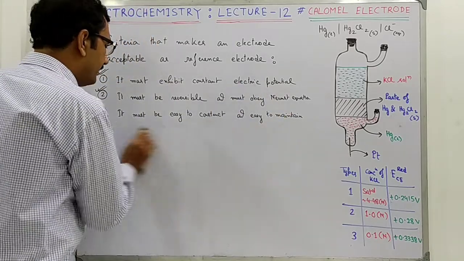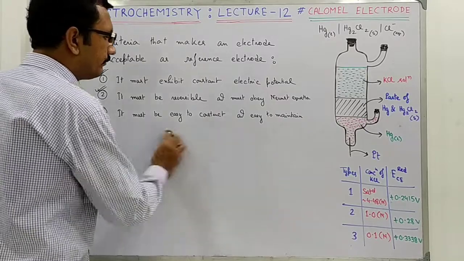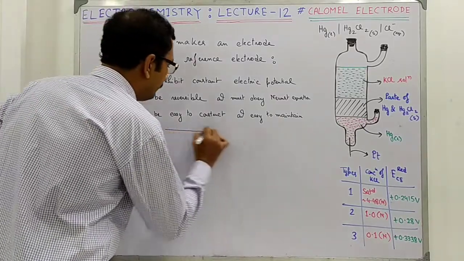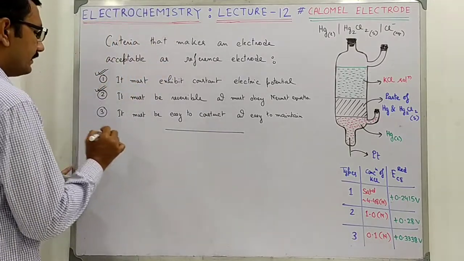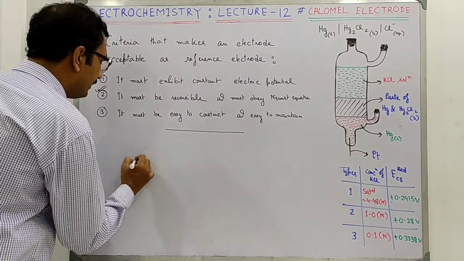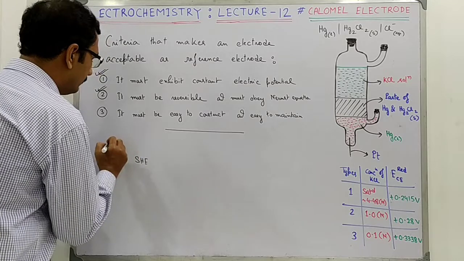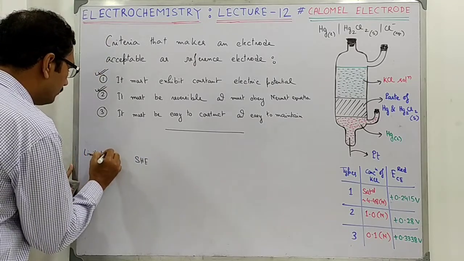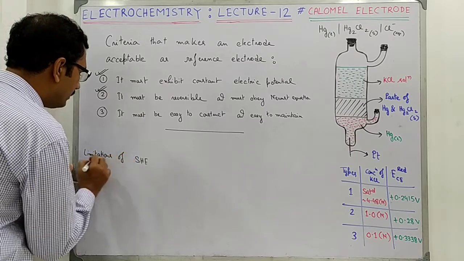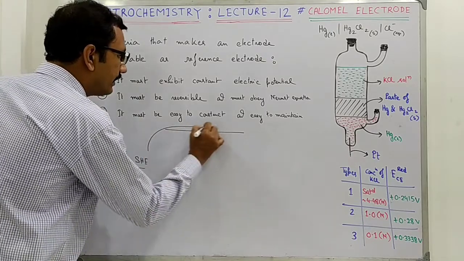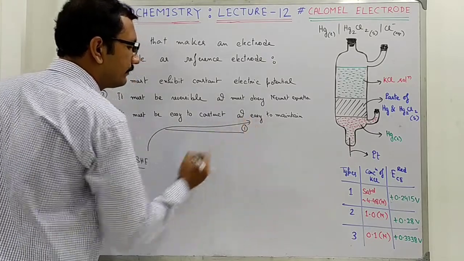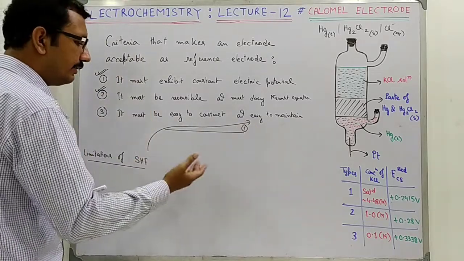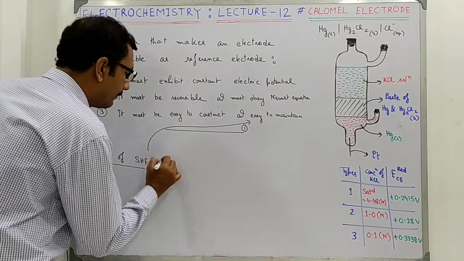Now, another problem incorporated in the SHE may be considered as a limitation. So, the limitations of SHE. The first limitation is this one: the standard hydrogen electrode is not easy to maintain, but for what?